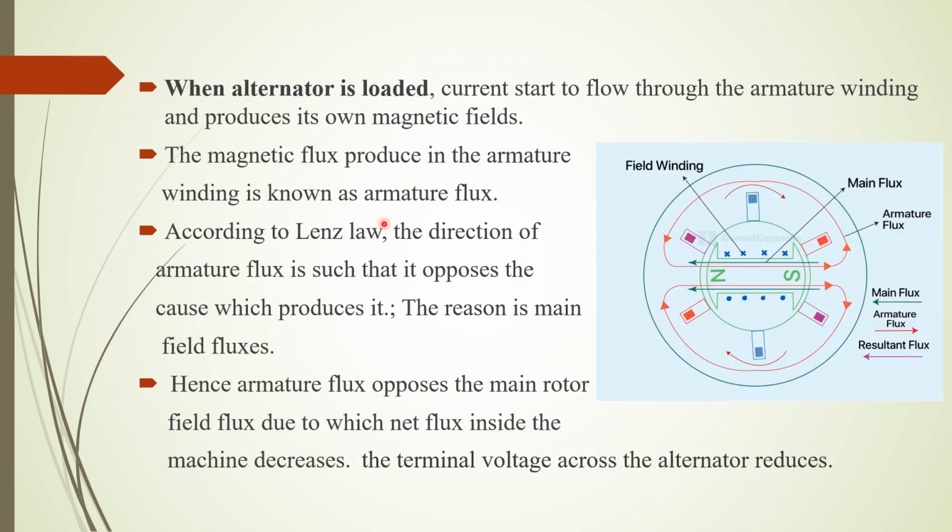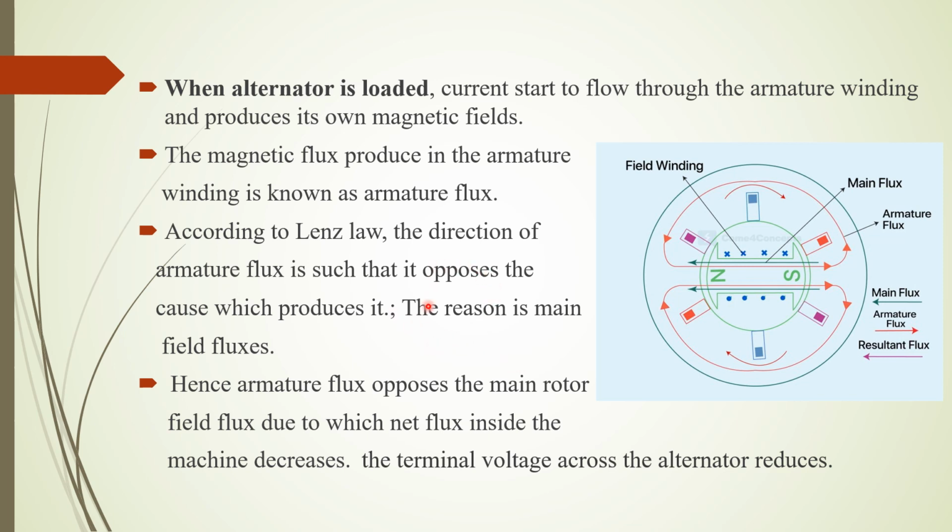So when the armature is loaded, what will happen? Armature current will start flowing through the armature winding, so it produces its own magnetic field. When the magnetic flux is induced in the armature, according to Lenz's law, this induced armature flux will try to oppose the cause of producing it.